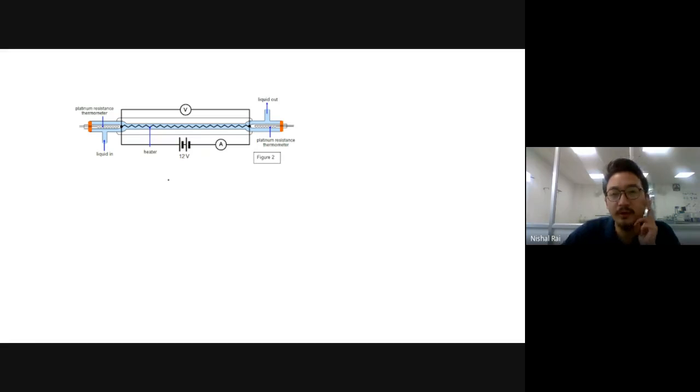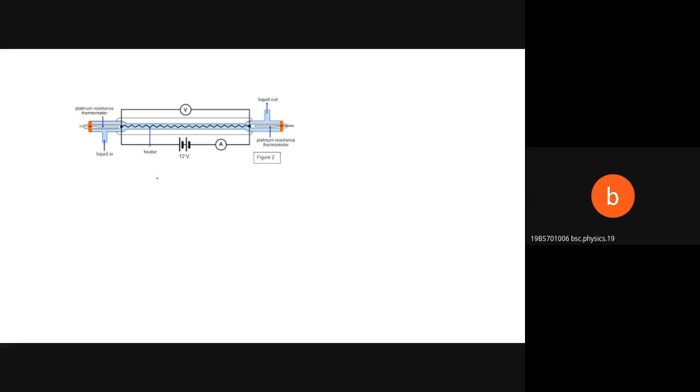So usually how do we calculate the specific heat of a liquid? Actually, let's bring a better picture.